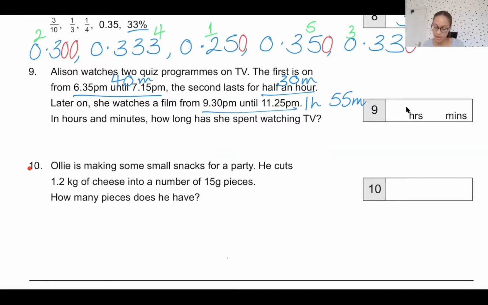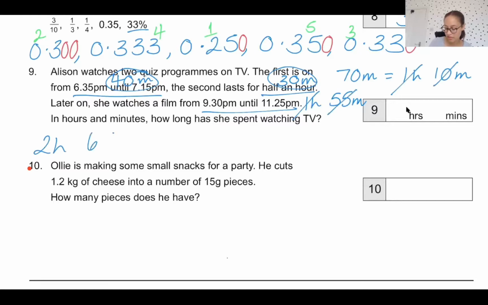Then we need to add them together. How you do this is up to you. I would put 40 minutes and 30 minutes together to get 70 minutes, which is equal to 1 hour and 10 minutes. Now, if we put 1 hour and 1 hour together, we get 2 hours. If we put 55 minutes and 10 minutes together, we get 65 minutes.